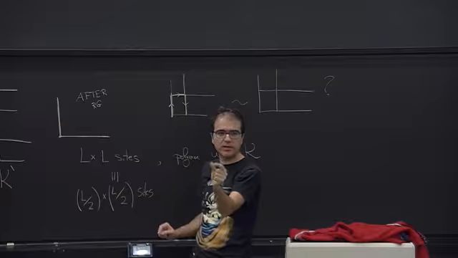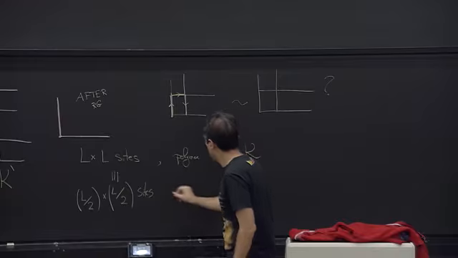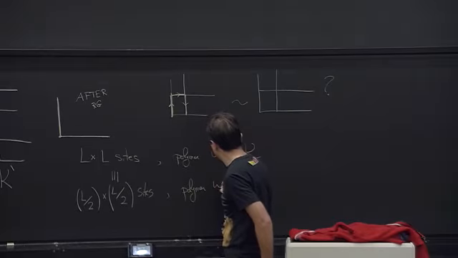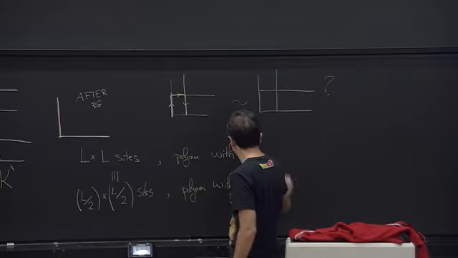Right? So I coarse-grained, I divided everything by 2. But now, in this new lattice, I have a polymer with effective chemical potential K prime that depends on K.